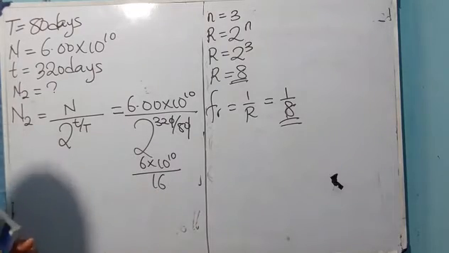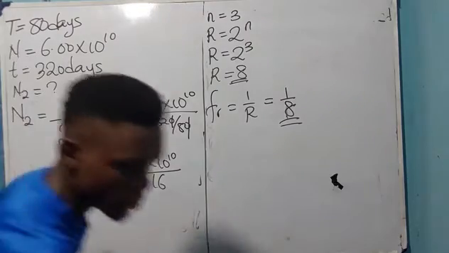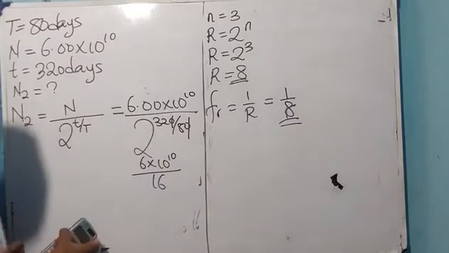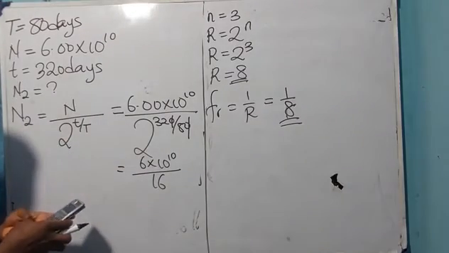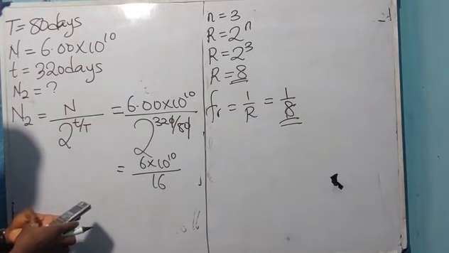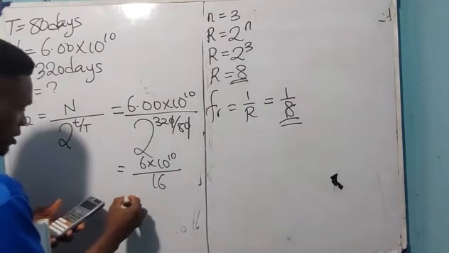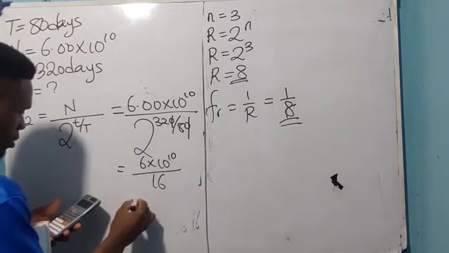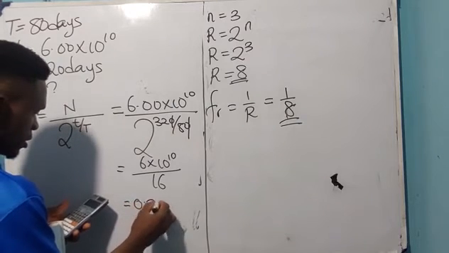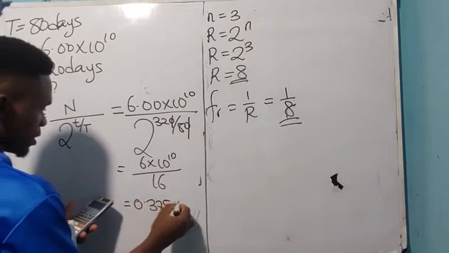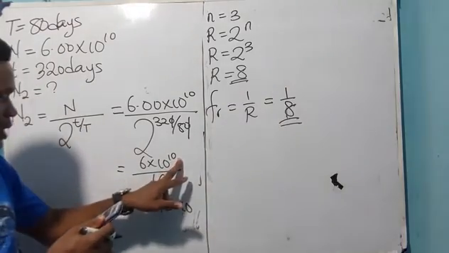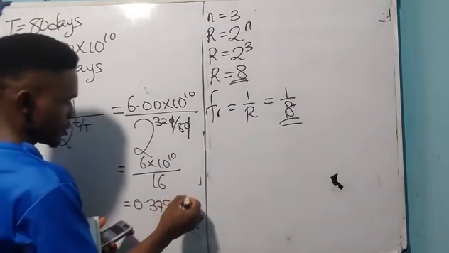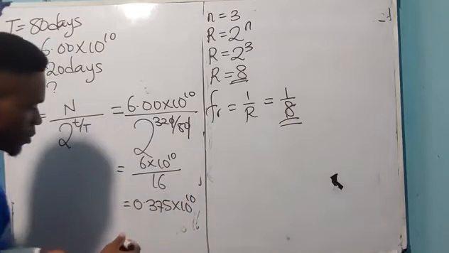Now, where's the calculator? Since we've gotten to this point, we'll say 6 divided by 16, which is equal to 0.375 times 10. Look, the 10 was here, times 10 raised by 10.